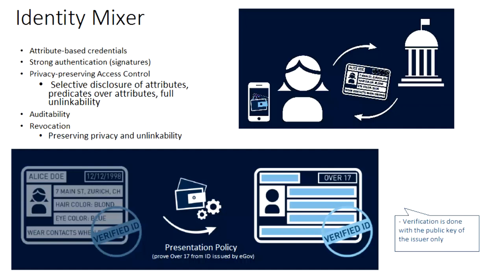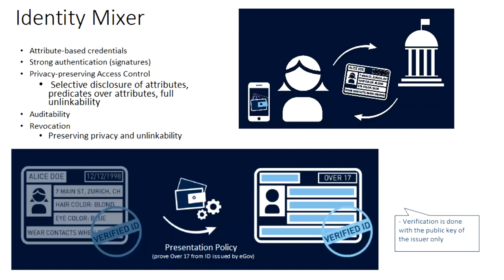That allows you to selectively reveal things from your certificate, and also makes different transaction signings completely unlinkable. Identity Mixer technology also includes features like privacy-preserving revocation, because since we show the credential unlinkably, we cannot use the certificate serial number for revocation anymore. We will talk about it later.